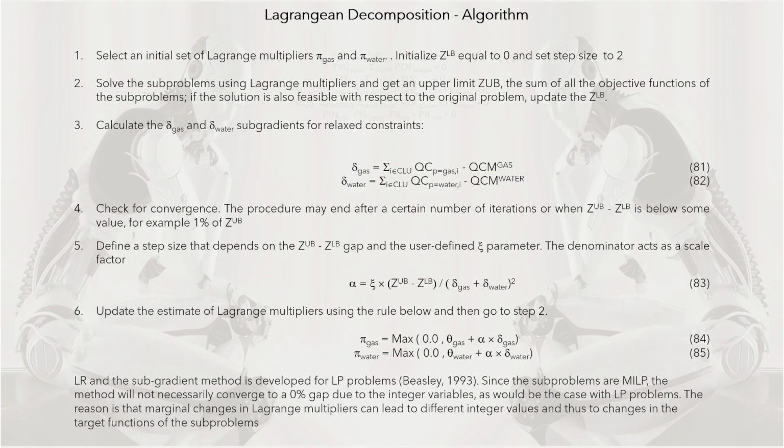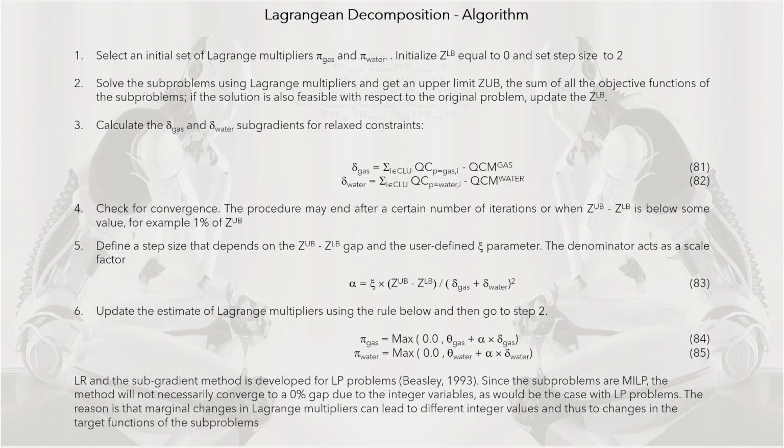The summary of the Lagrangian decomposition algorithm is: select an initial set of Lagrange multipliers. Initialize ZLB equal to 0 and set step size to 2. Solve the subproblems using Lagrange multipliers and get an upper limit zub, the sum of all the objective functions of the subproblems. If the solution is also feasible with respect to the original problem, update the ZLB.